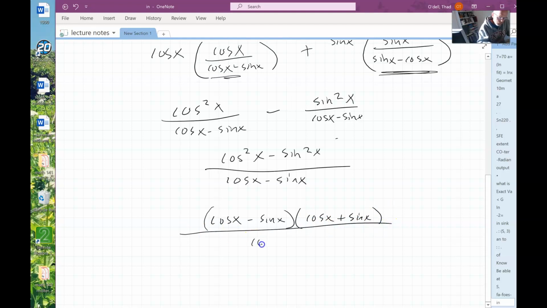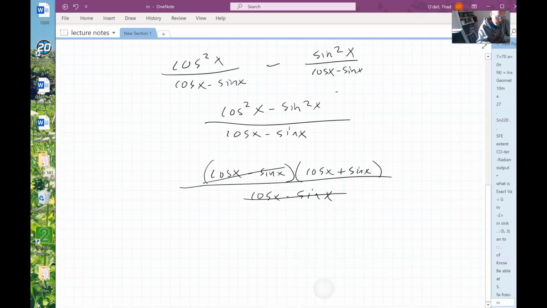And that's all over cosine x minus sine x. And so, of course, these will cancel because they're the same. And that leaves me with cosine x plus sine x, which is one of the options on number 13.